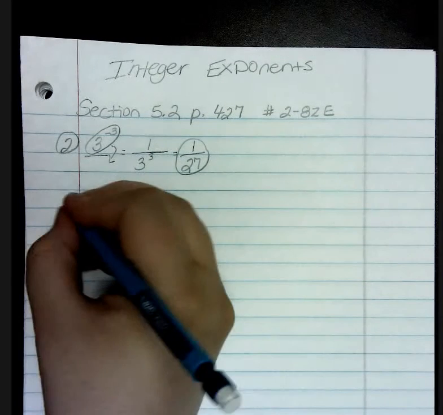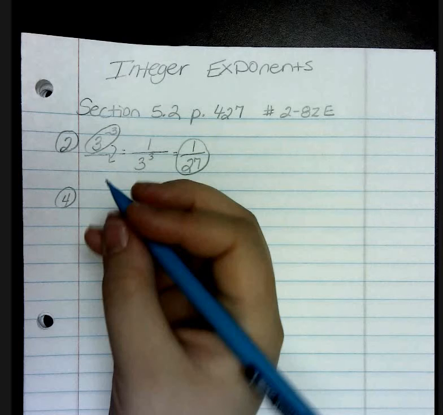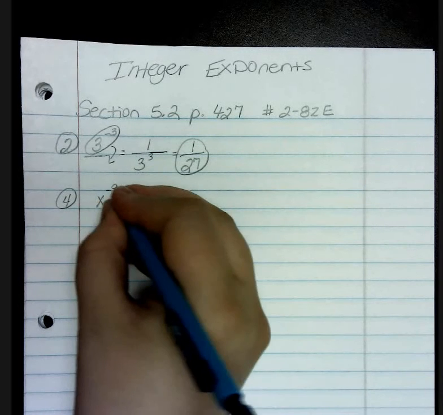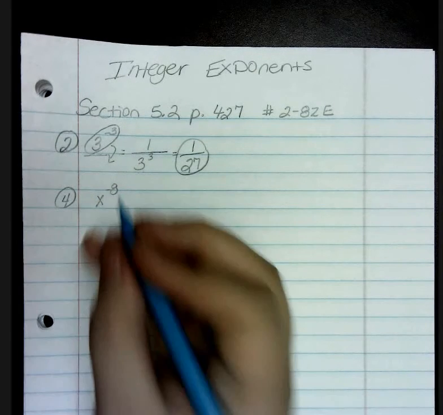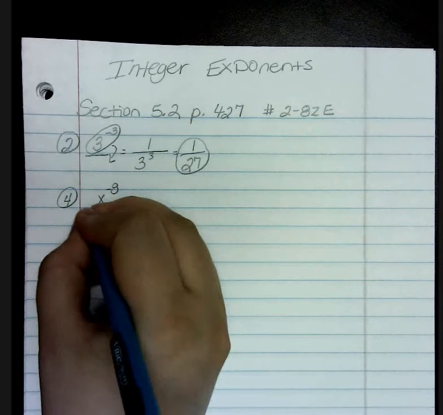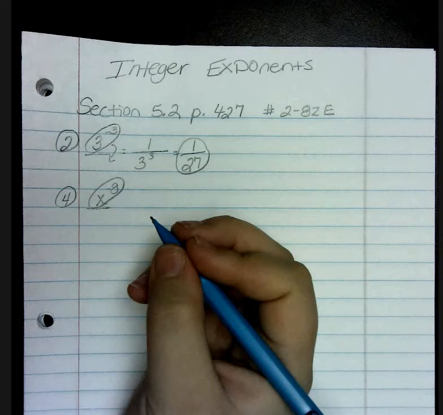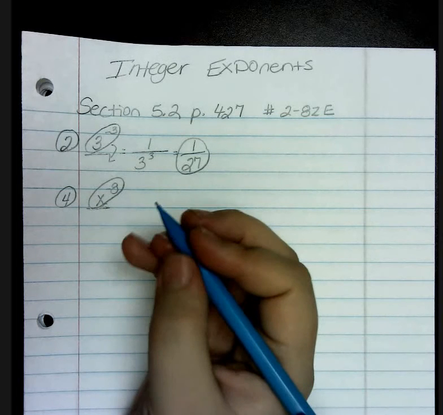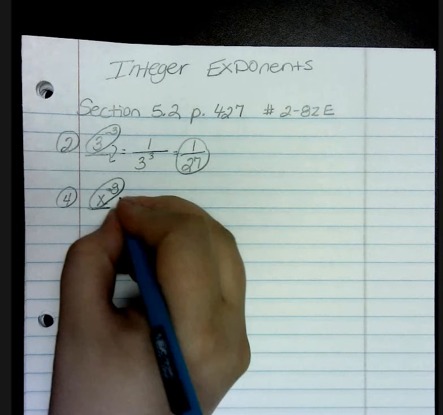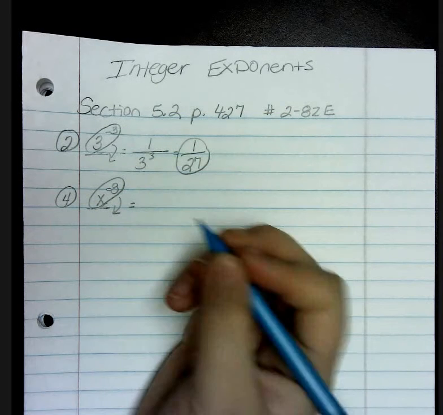Number 4, I've got x to the negative 8. So I've got a negative exponent, so I draw that line for the division. And I circle the base that has the negative exponent attached to it. And then I draw my arrow as to where it's going to go.